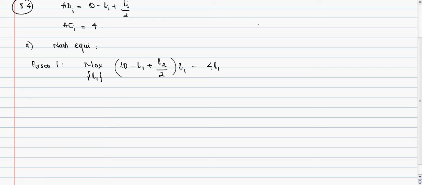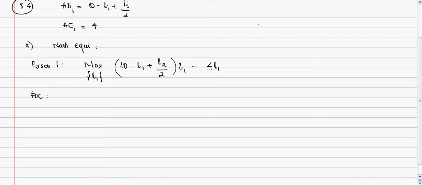Okay, so now person 1 will be choosing L1 to maximize this. So we're going to do the first order condition, where we differentiate the net benefit with respect to L1 and make it equal to 0.